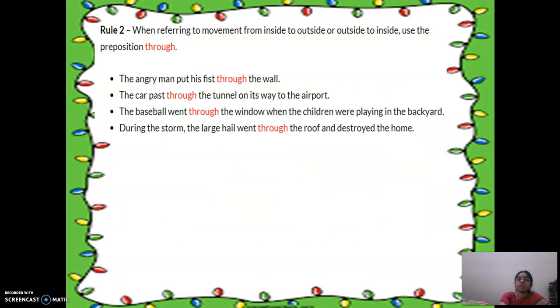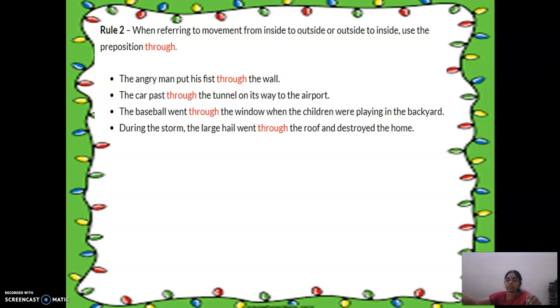The second rule is, when we are referring to movement from inside to outside or outside to inside, we use the preposition through. Suppose one small rabbit or a rat is going into a log of wood where there is a hole, going into that and coming out the next side.